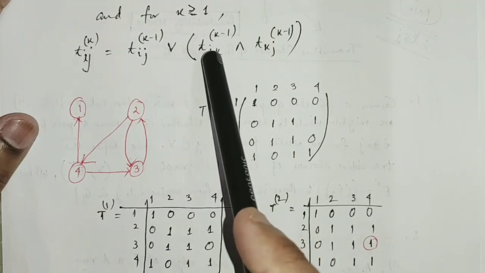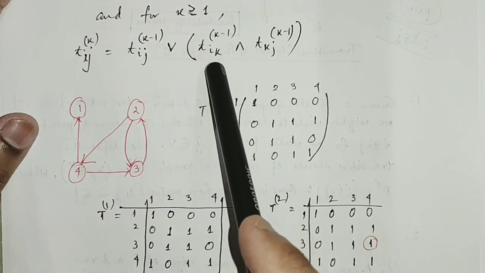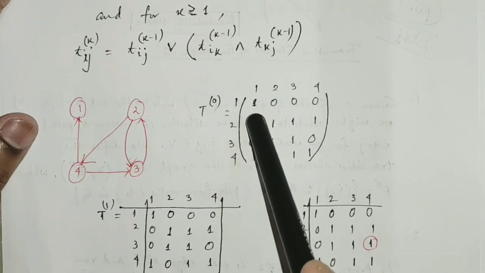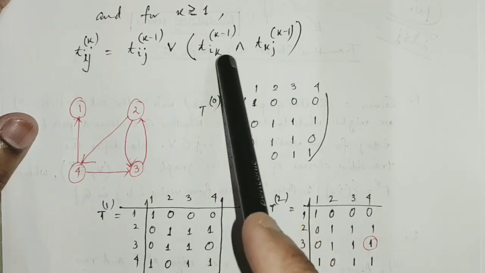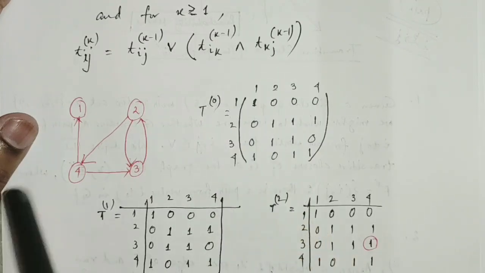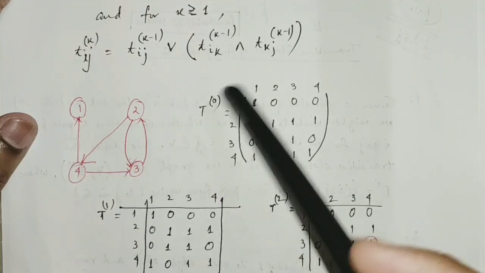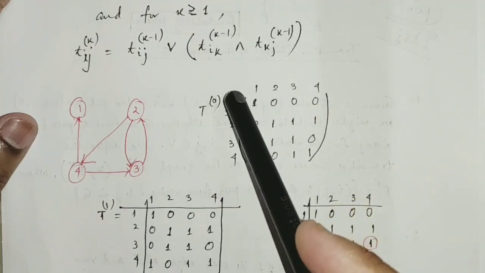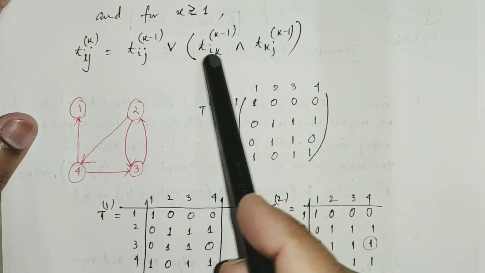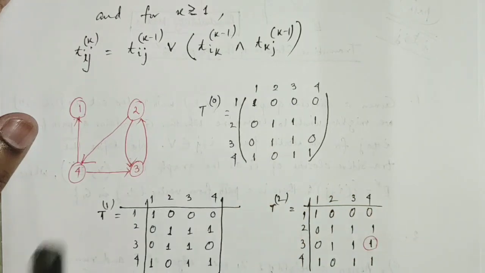Or 1 to k, that means 1 to 1 again, that is 1, and k to j, that is again 1 to 1, that is k minus 1, so 1 minus 1 again it is 0. So ultimately we will get 0 here.